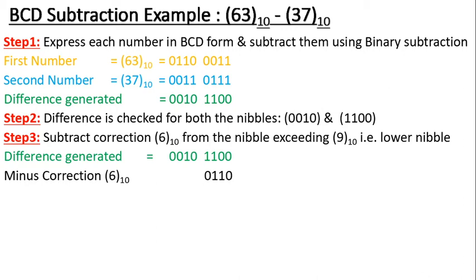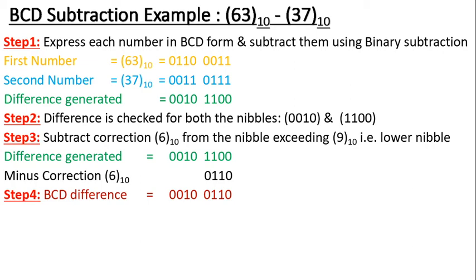Okay, and then we carry out this particular subtraction here. So this particular subtraction I have carried out by taking some time. You also take some time and just verify you are getting in step number 4 that BCD difference like this.